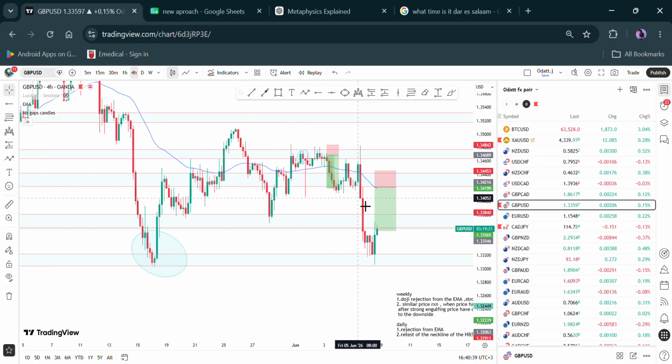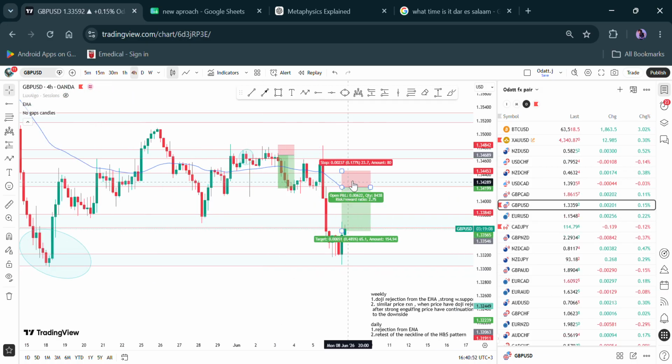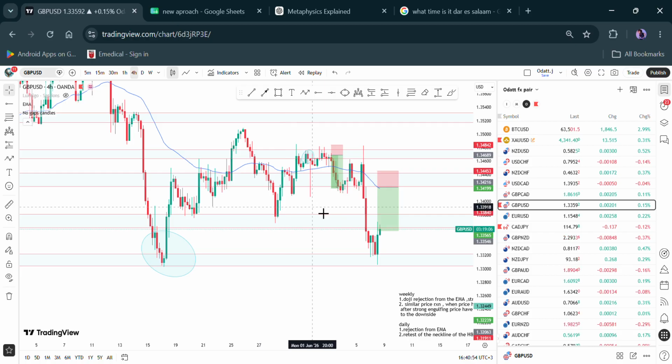I remember, because price didn't come to reject the area of interest, by something like 0.5 pips. I recorded it during my weekly recap. So that's what I'm waiting for: price comes here, rejects the EMA, continues the head and shoulders. Look at this trade, bro.